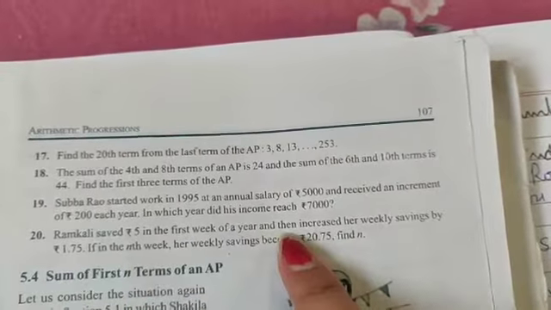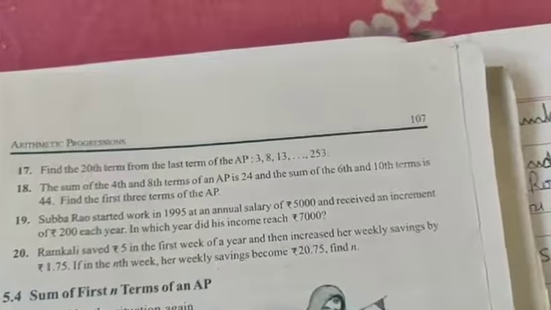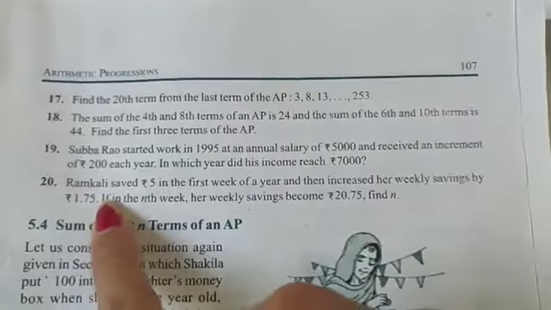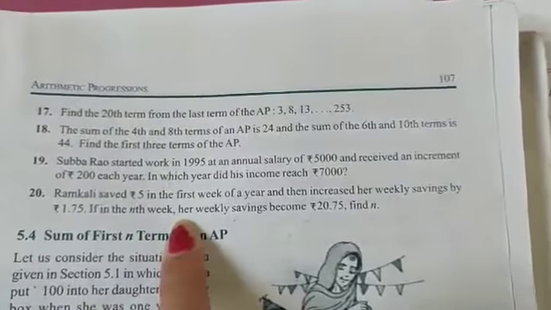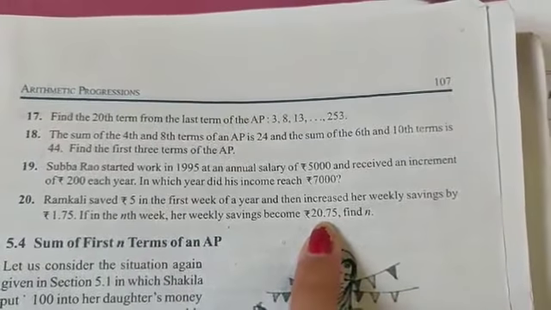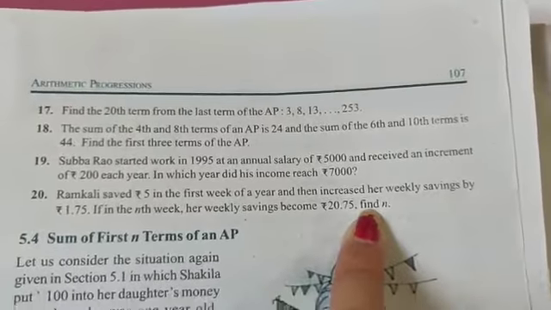In the first week she has saved ₹5. In the second week she will save 5 plus 1.75. In the third week she will save 5 plus 1.75 plus 1.75. And in the nth week her saving becomes 20.75. Then we have to find the number of weeks, which is n.